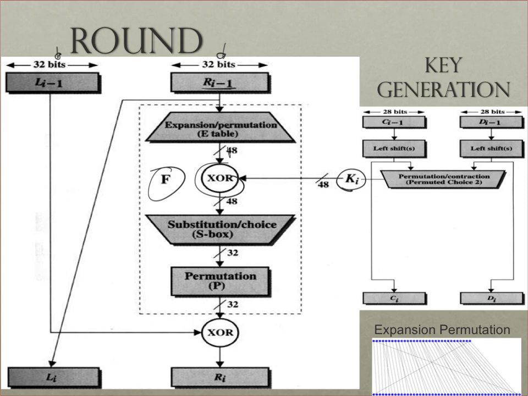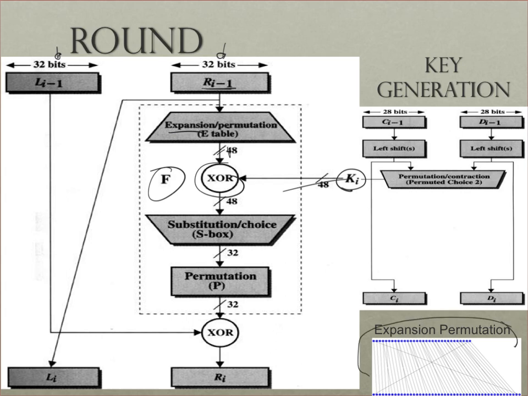The round function is based on 3 simple operations. One of them is permutation with expansion. The permutation with expansion, okay, preserves the reversibility. Preserves the reversibility, okay? And then we XOR this with Ki. This is the permutation with expansion.